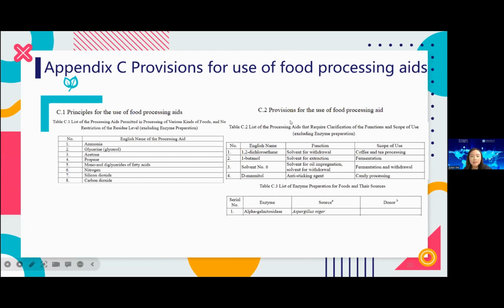And the table C2 lists processing aids that have the limited scope of use. This means they are only allowed in certain food categories. The last table, Table C3, lists enzyme preparations for food, including their source and donors.